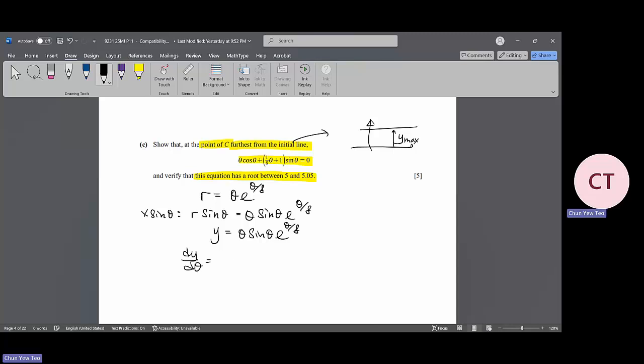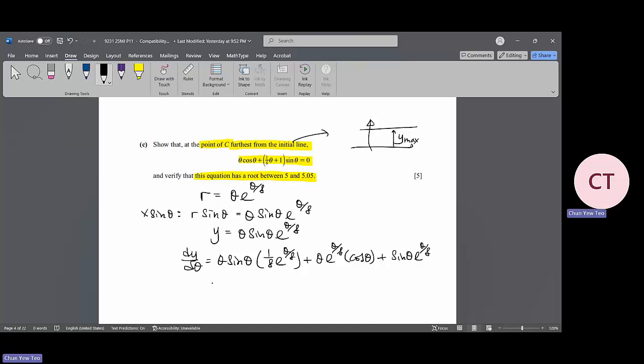Keep the left and right, keep the left and the middle, differentiate the right. Plus keep the left and the right, differentiate the middle. Plus keep the middle and the right, differentiate the left.